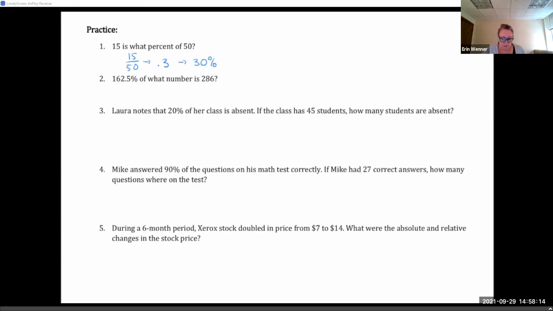The other way we can think of it is if we write an equation out. 15 is what percent of 50? The only thing that changes is that we still end up with writing this as a fraction, right? It's just showing that we're getting that percent number, and we still are going to end up with 30%.